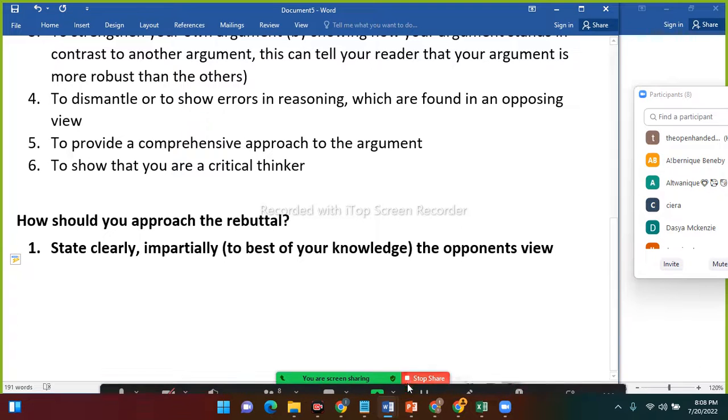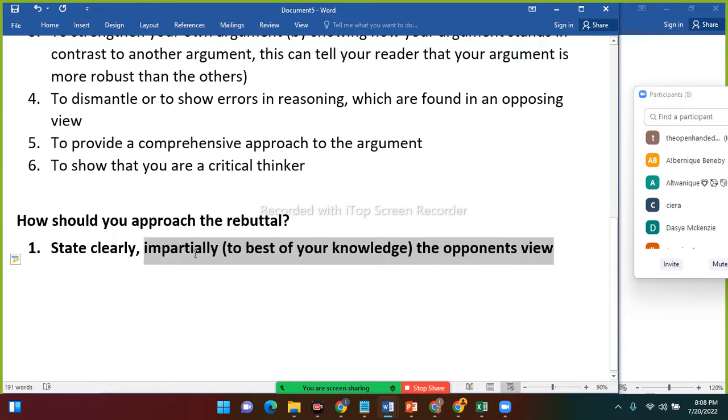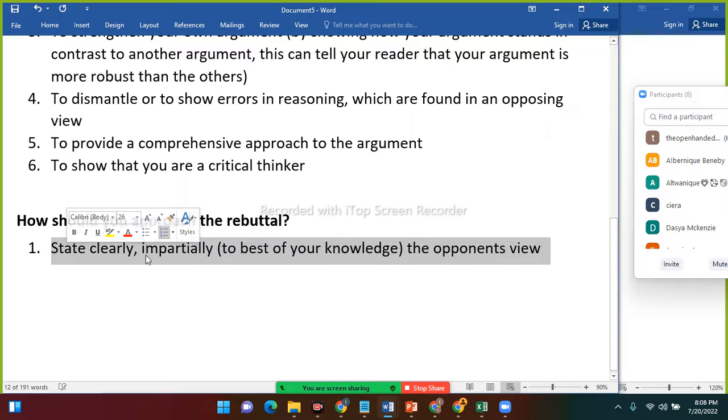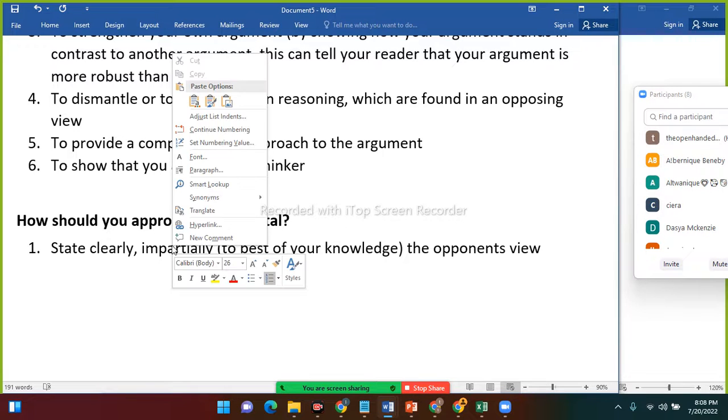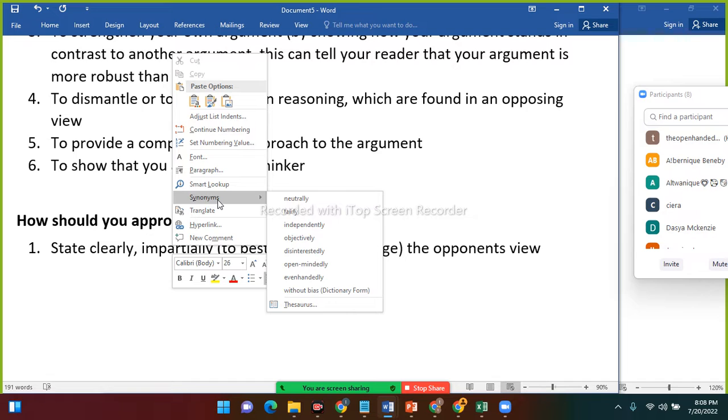Now, when we say impartially, what do we mean? So you want to state it clearly and impartially. What do we mean? If we look at the synonyms for impartial, we mean fairly, independently, objectively, even-handedly.